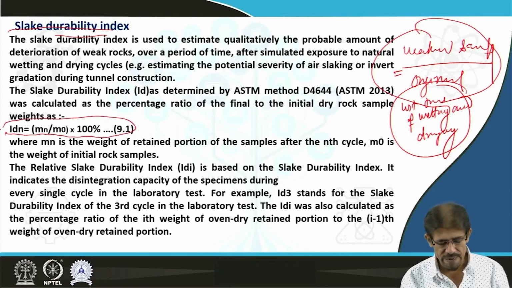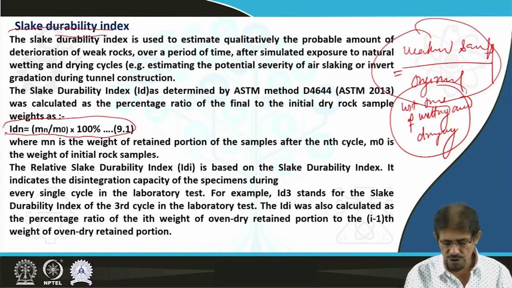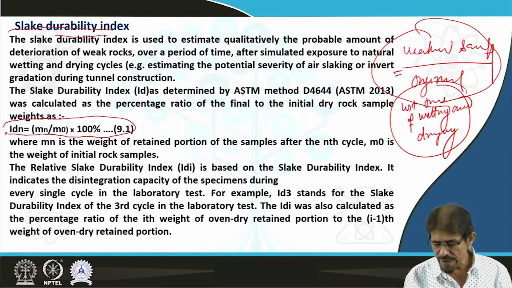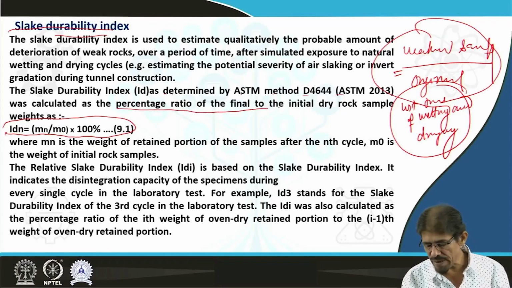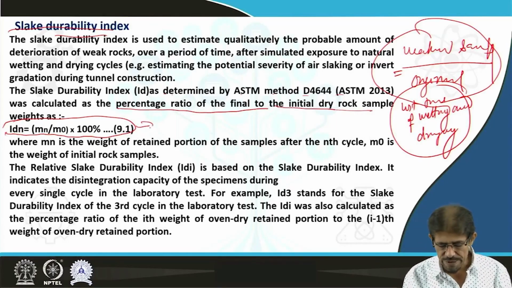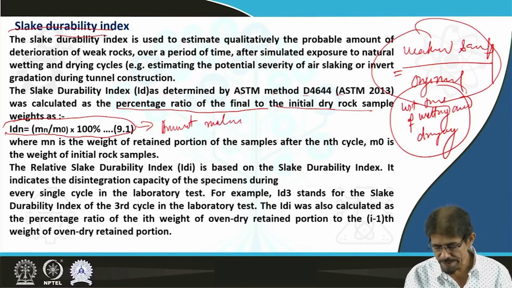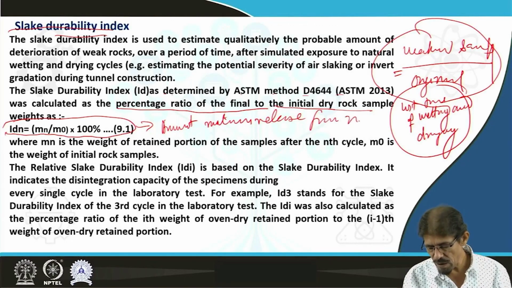Durability is just the opposite of weathering. The slake durability determination method was calculated as a percentage ratio of the final to initial dry rock sample mass. This indicates the amount of material released from rocks.